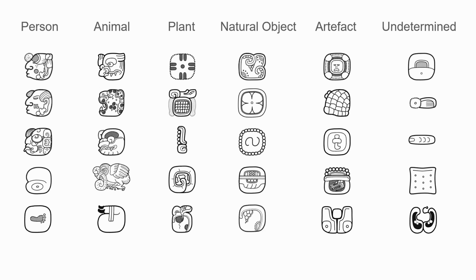And then, of course, it's a hieroglyphic system, meaning that the single hieroglyphs in form are representing elements of the cultural and natural environment. In this case, we can differentiate between person concepts, animal concepts, plants, natural objects, artifacts, and many of them still undetermined.